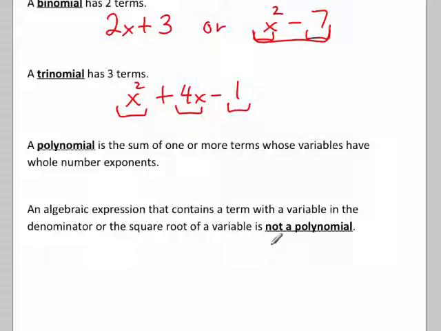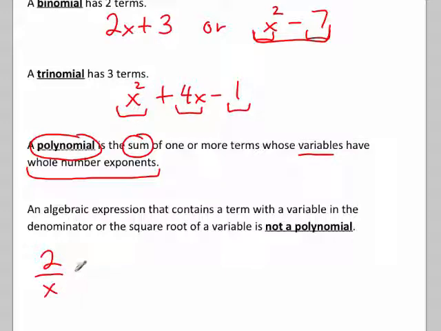Finally, you might be wondering what would be an example of something that is not a polynomial, keeping in mind that our definition of polynomial is the adding or subtracting together of terms in which the variables have whole number exponents. Something like 2 divided by x. If you have a variable in the denominator, that is not a polynomial.